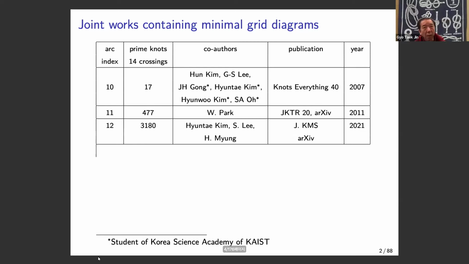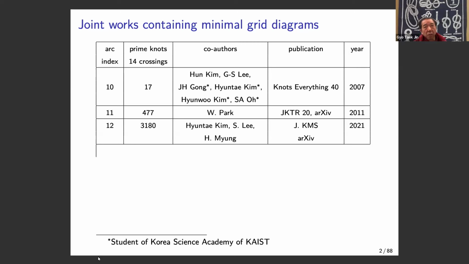Then in 2021, we published an article on 14 crossing, arc index 12 prime knots, and it includes 3,180 prime knots of 14 crossings.